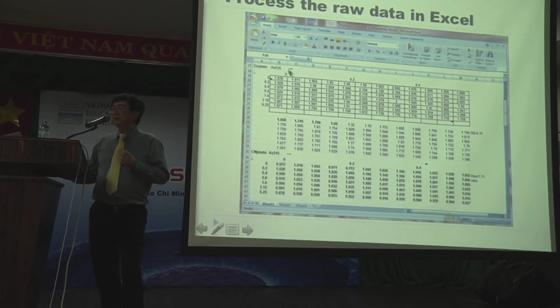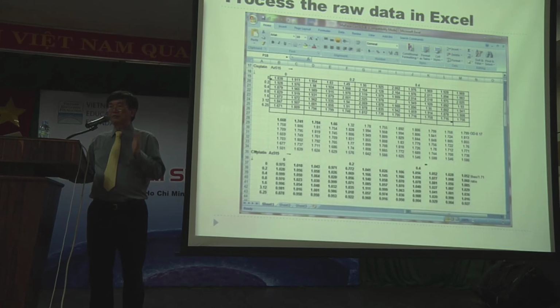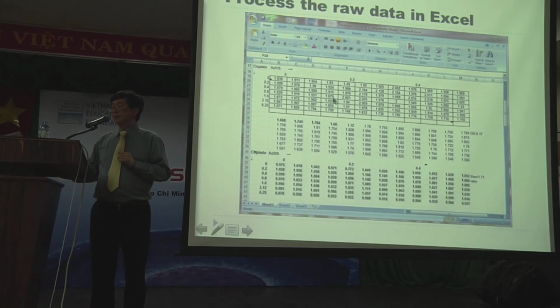So basically, you do the experiment using the 96-well plate with the different concentrations of drug A and drug B. You arrange the wells so that the concentration of drug A is increasing this way, and the concentration of drug B is increasing this way. So you end up with different combinations of the drugs here.